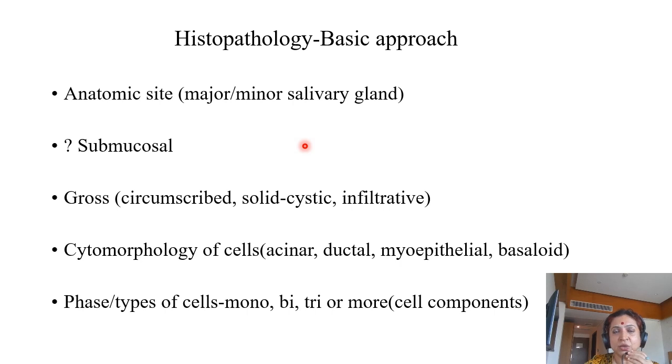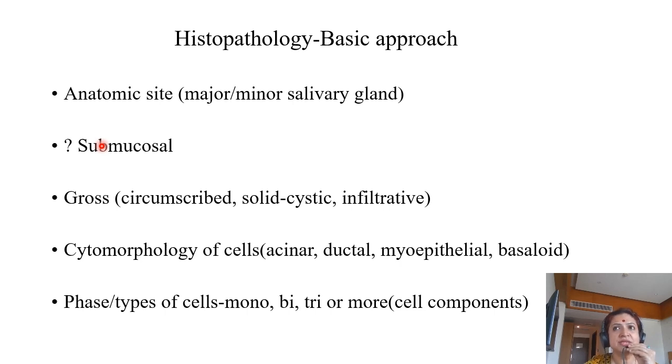So when you sign out a report of a benign salivary gland tumor in a minor salivary gland area, you should be very careful, because there is more chance of malignancy in a minor salivary gland. And also the clinical picture, sometimes an intraoral lesion may be submucosal.